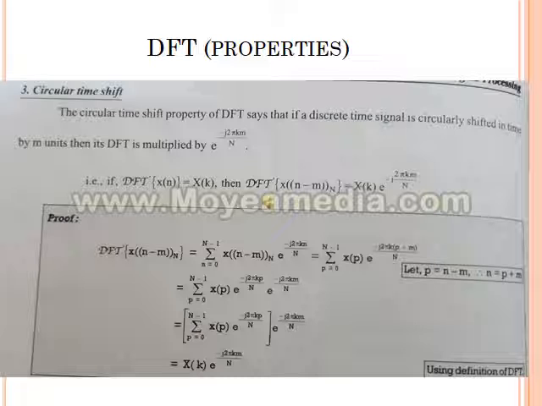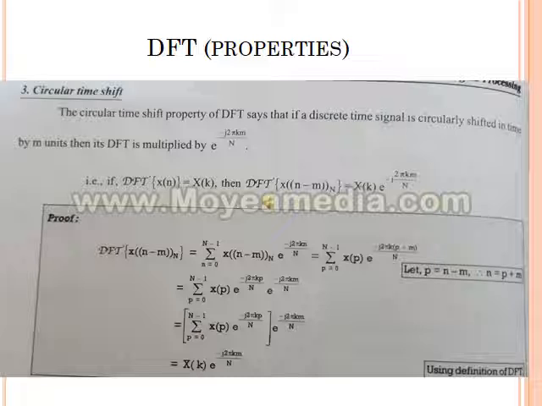So we get this. Now you note that the summation in both the terms is from 0 to N minus 1. This is reasonable because we have N points in the DFT.